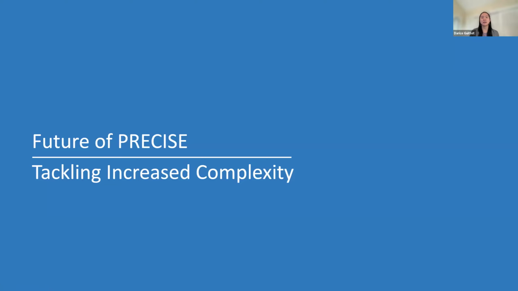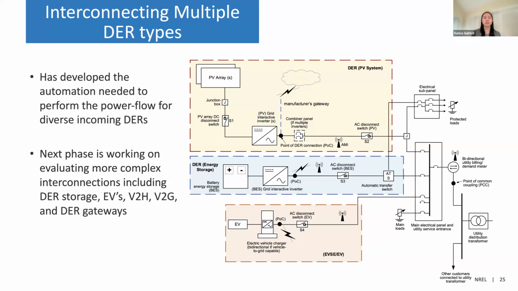Great, thanks, Killian. So I'm going to be talking about two main ways that we're tackling increased complexity in the interconnections that Precise can evaluate. The first major feature is the ability to interconnect multiple DER types. Precise already has the automation needed to perform the power flow for diverse incoming DERs.